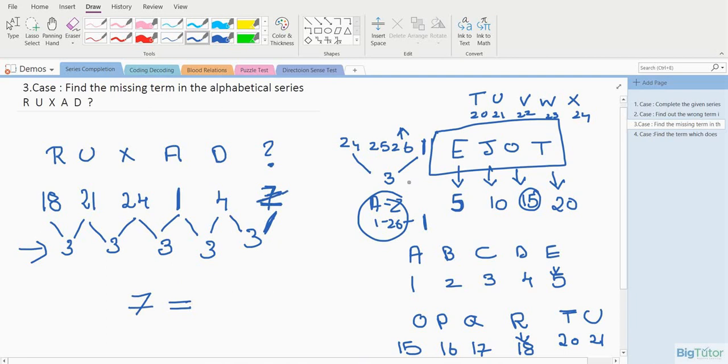E is represented by 5, so E, F, G is 5, 6, 7. So the equivalent of 7 in the alphabet is G. So G is the missing term, and the pattern is clear: the difference between the positions of each alphabet is 3. By following this pattern, we get the answer for this question as G.